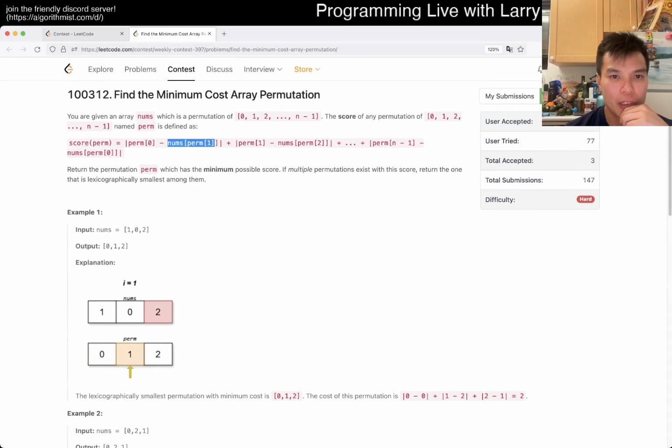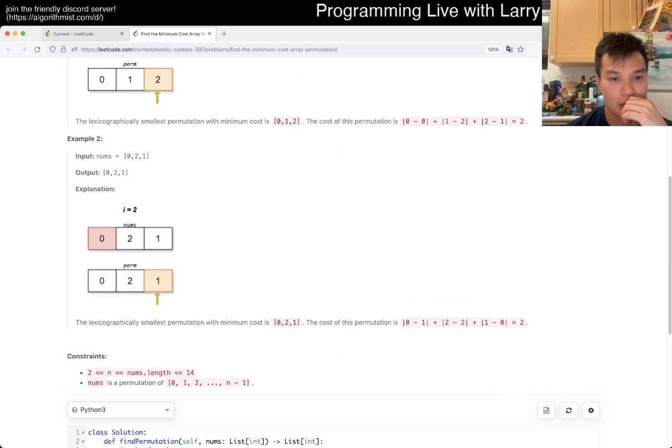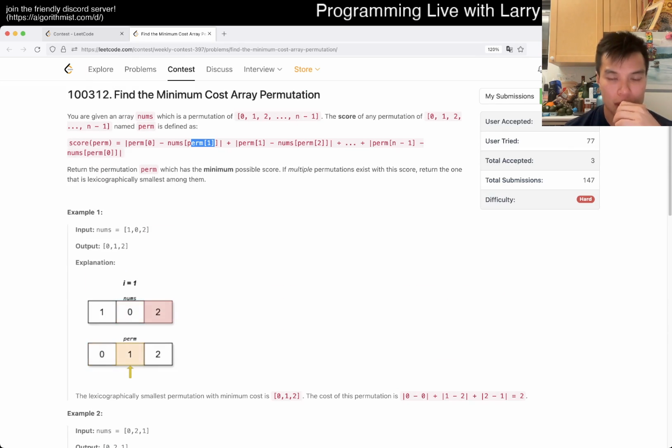Nums of perm 1. Nums of perm 1 is going to be the next digit. Focus.